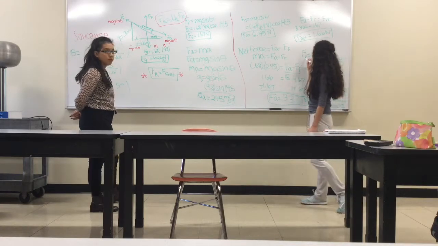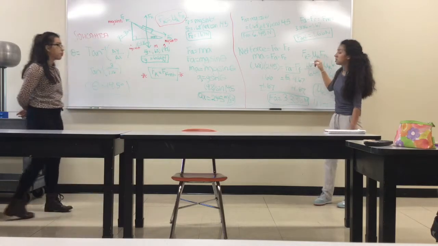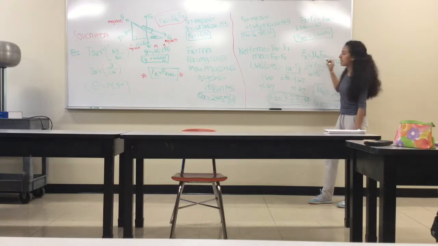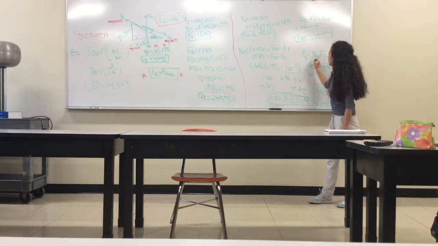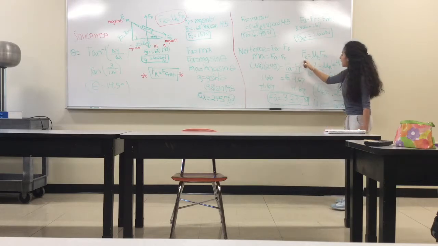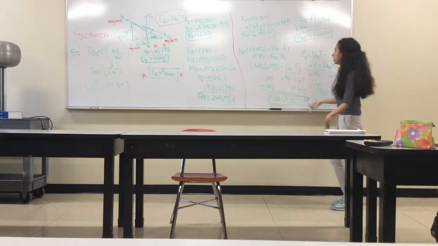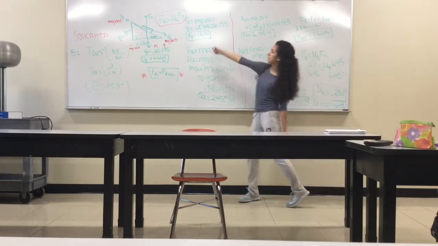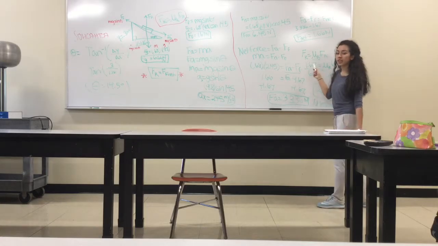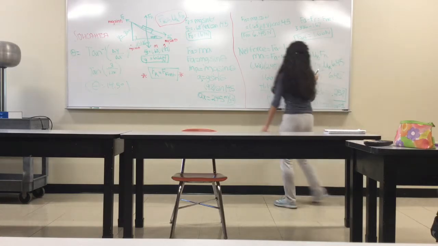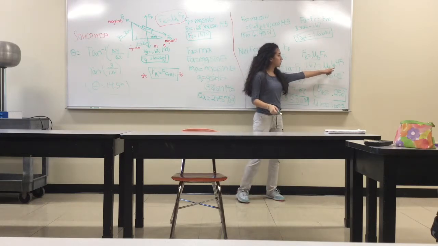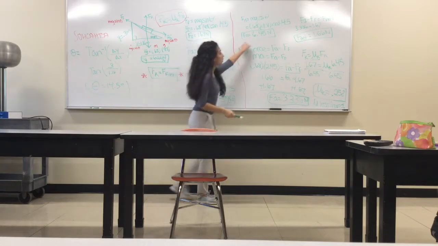And going back to F_k, the force of kinetic friction, equals mu_k, coefficient of kinetic friction, times normal force. Again, we are trying to find mu_k. Since we have F_k, our force of kinetic friction, to be 1.67 newtons, we plug that in here, equals mu_k, which we're trying to find, times the normal force, which is 6.45, which we solved over here.